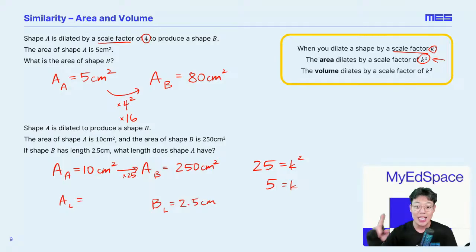Awesome. So we multiplied the area by a factor of 25 to get from the area of shape A to the area of shape B. We're given the length of one of the sides of shape B, and we want to go back to the length of shape A. So is the length of shape A going to be bigger or smaller than the length of shape B?